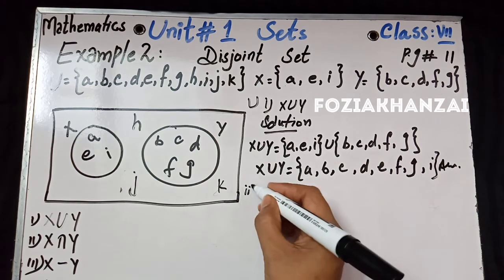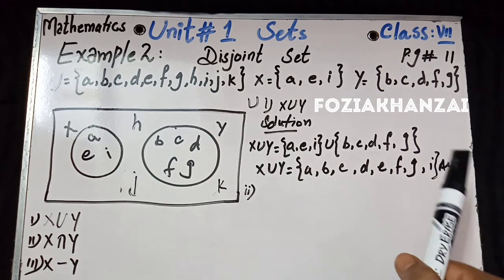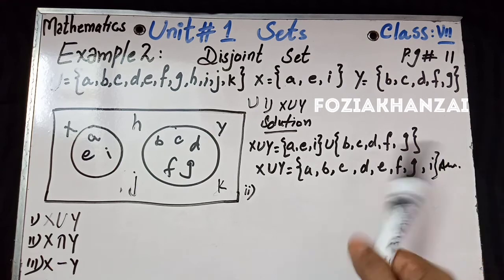For the second part, we just write the direct answer, but you solve it in your register step by step.